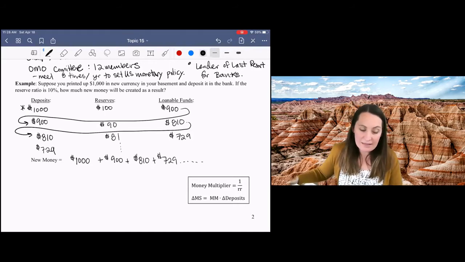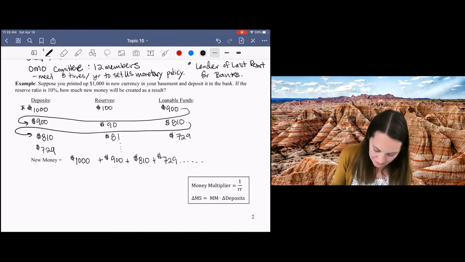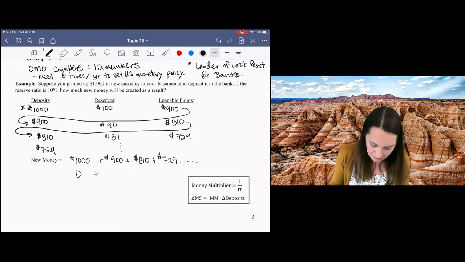We can write this more generically as the original amount deposited plus the amount of deposits times 1 minus the reserve ratio plus deposits times 1 minus the reserve ratio squared plus so on and so on and so on.